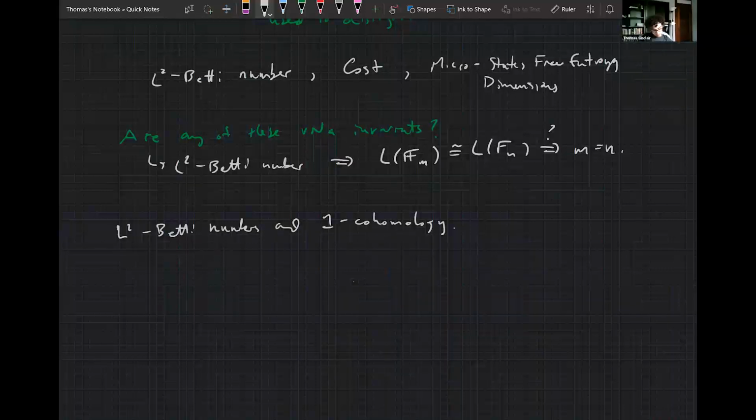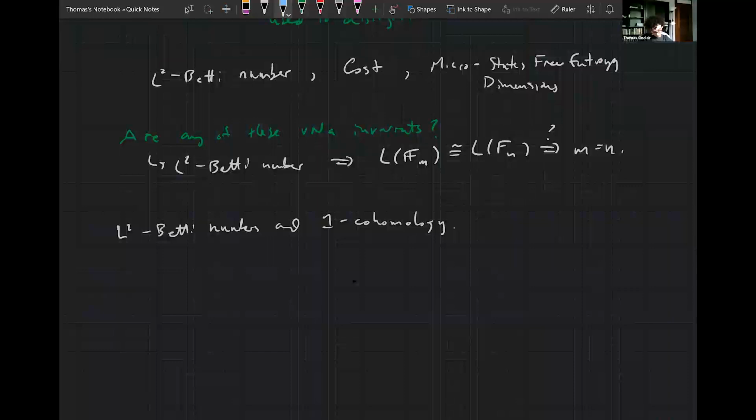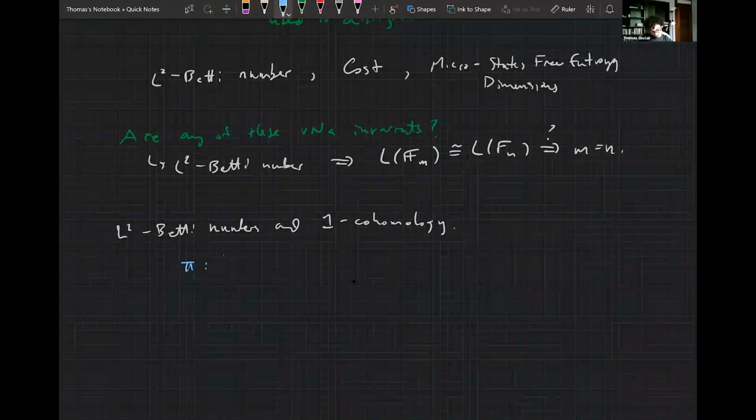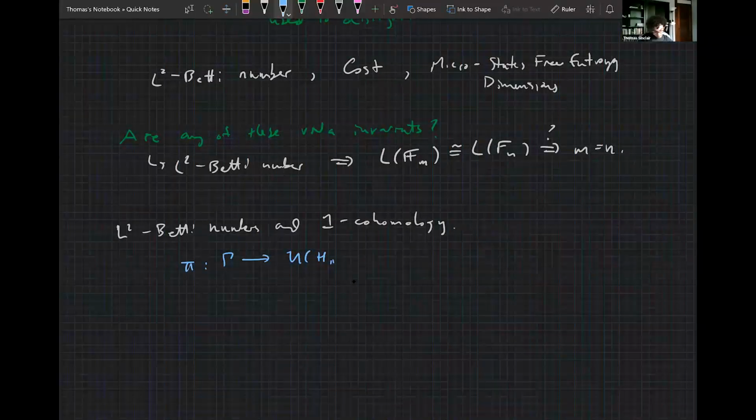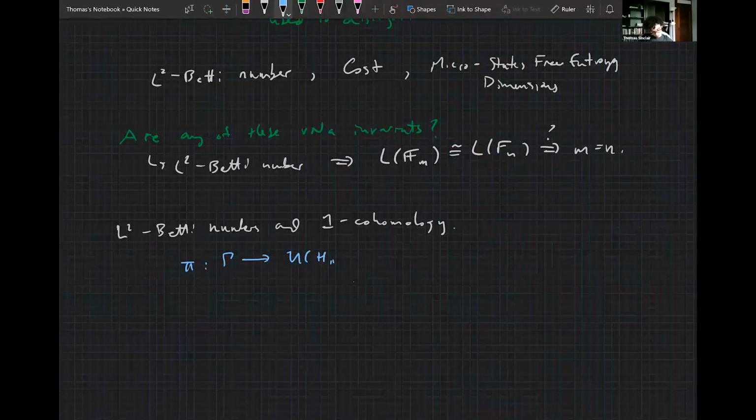So what's going on here? We start with a unitary representation of a group. And so what's the one cohomology?